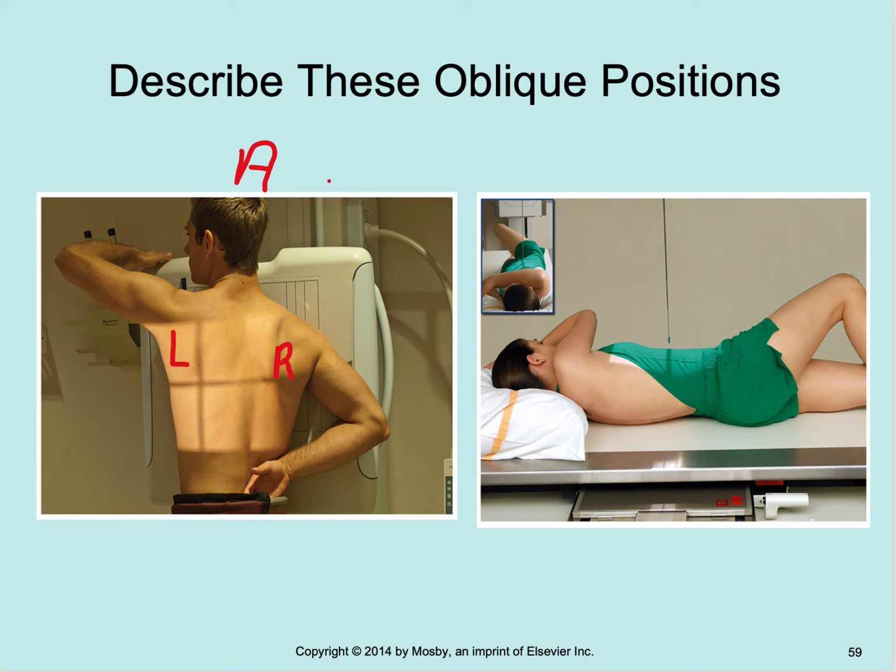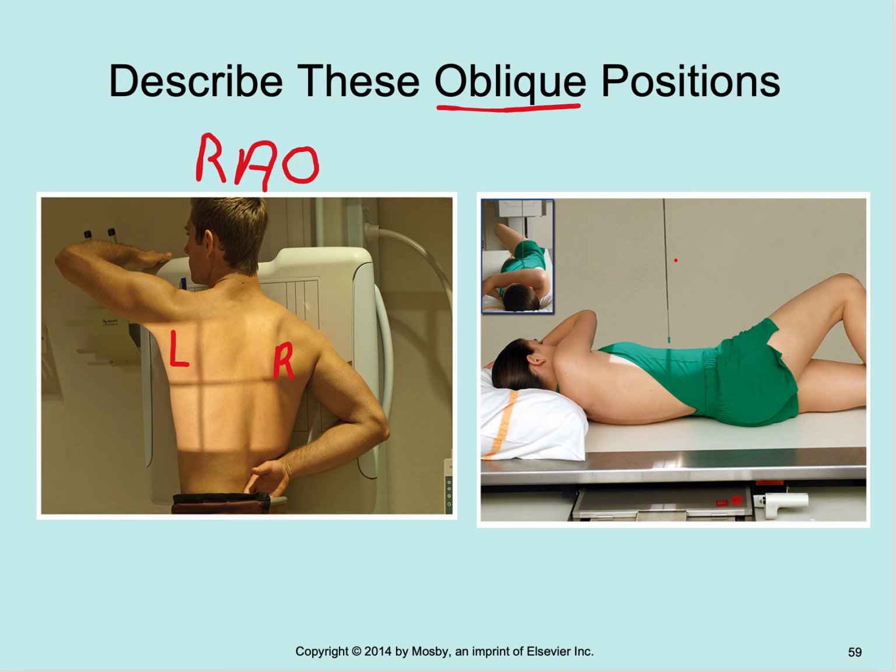Now we just need to fill in the rest because we already know it is an oblique position, because we are describing oblique positions. The side that is closest is the right side. So we are in an RAO position.